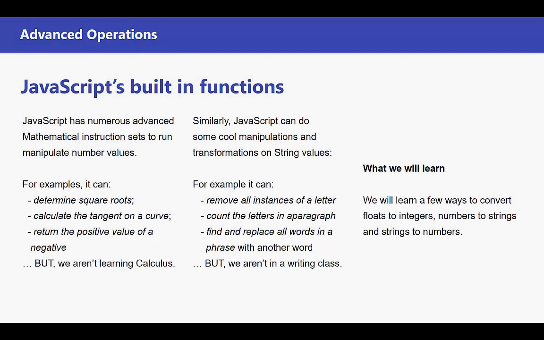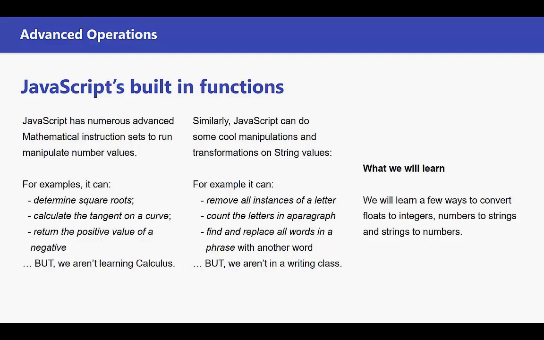Right now, we're just scratching the surface of JavaScript's capabilities. We're really using it like a calculator for words and a calculator for arithmetic. There are tons of advanced operations that JavaScript can do. So here's a few examples. It can determine square roots, the tangents of a curve, return the positive value of a negative value, but we're not here to learn calculus, so I'm not going to make this very mathematics dependent.